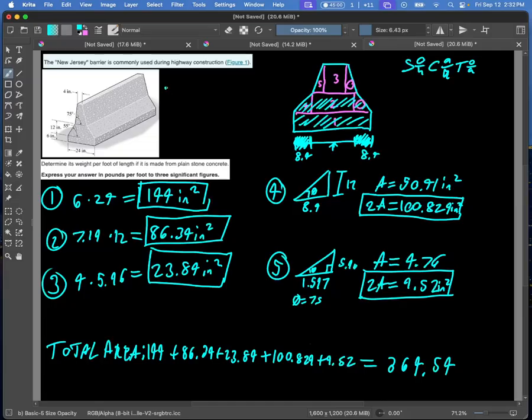So 364.54 pounds per foot squared times, or no, sorry. This is just inches squared, actually.